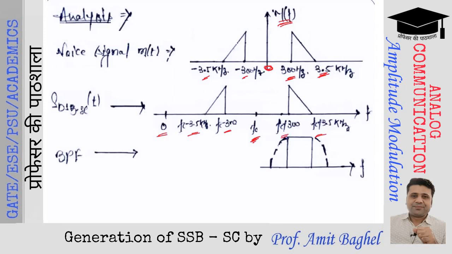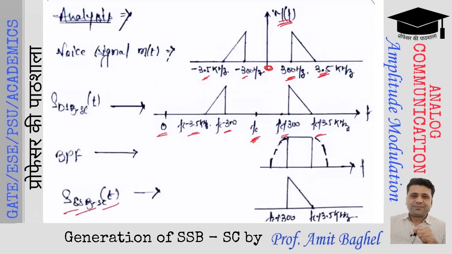Right? So even if we apply a practical band pass filter, we are going to get the SSBSC, which is ideal in nature. We are going to get the upper sideband which ranges from fc plus 300 to fc plus 3.5 kilohertz.